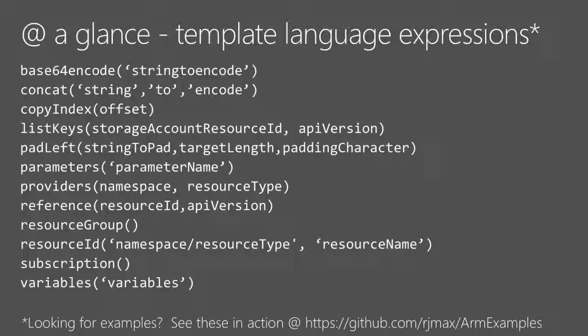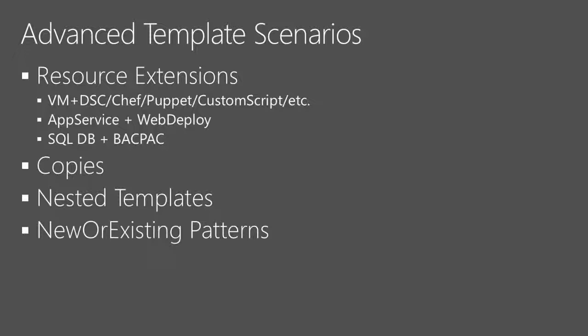So let's talk a little bit about advanced template scenarios. The first thing I want to talk about is what we call resource extensions. As I mentioned earlier, Resource Manager allows you to not only define the topology of your applications, but also initialize the resources that exist inside of that resource group. And we do that through what we call resource extensions. So in the case of virtual machines, what does this look like?